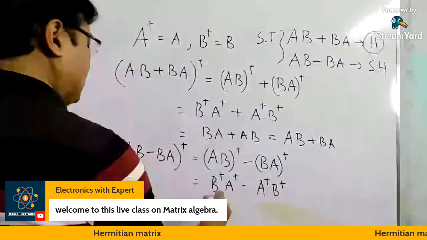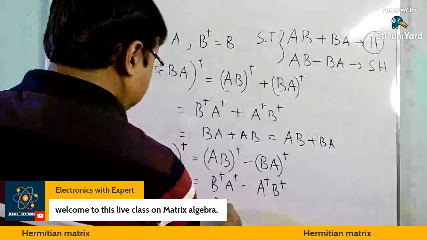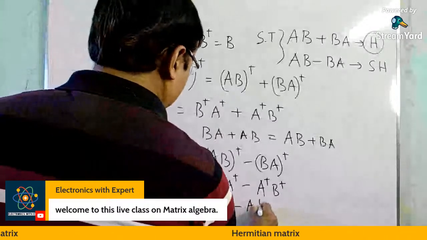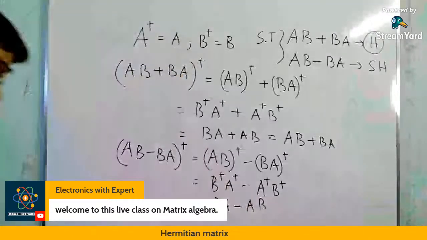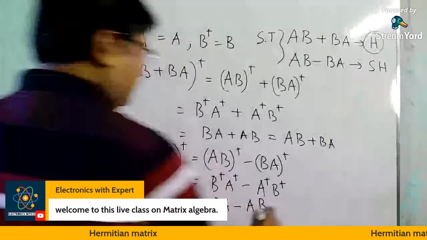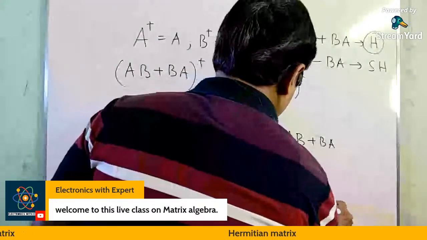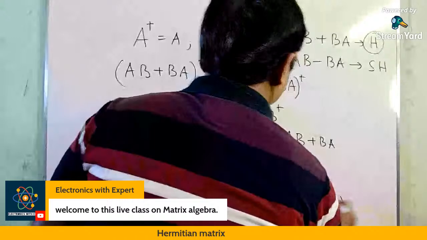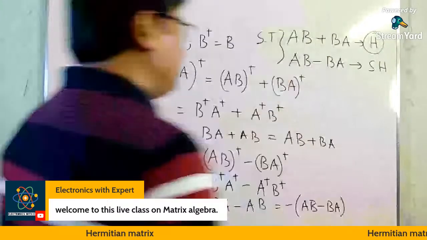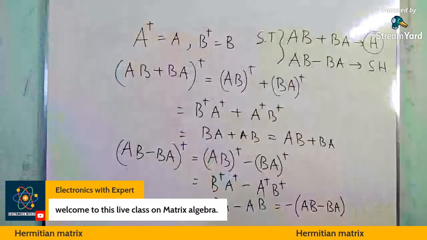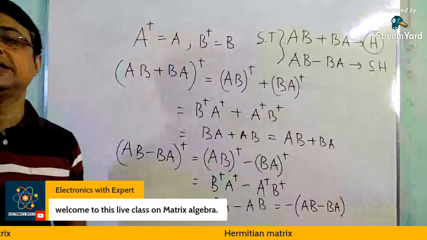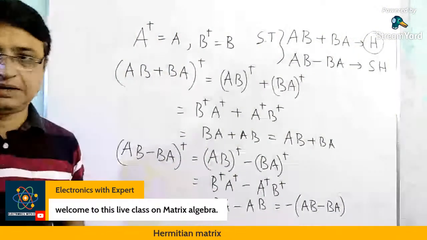Now B dagger means B, A dagger means A, and this is BA minus AB, which can be written as minus of (AB minus BA). So it proves that AB minus BA is a skew Hermitian matrix.